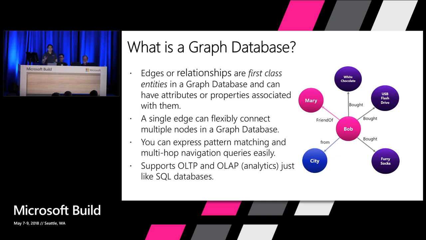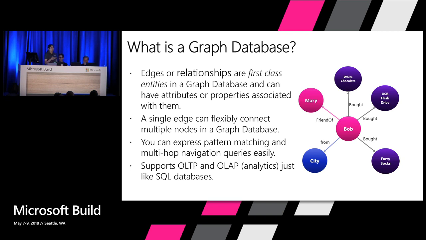So the difference is in a graph database, an edge or a relationship can flexibly connect many nodes to many other nodes in your database. For example, if you have a Facebook-like graph and you have a person node and a likes edge, you can use the likes edge to connect a person to another person. That means a person likes a person.